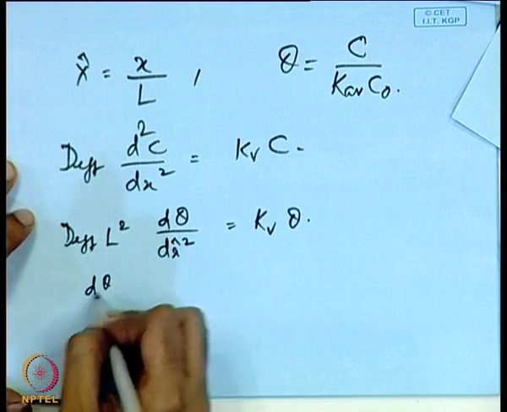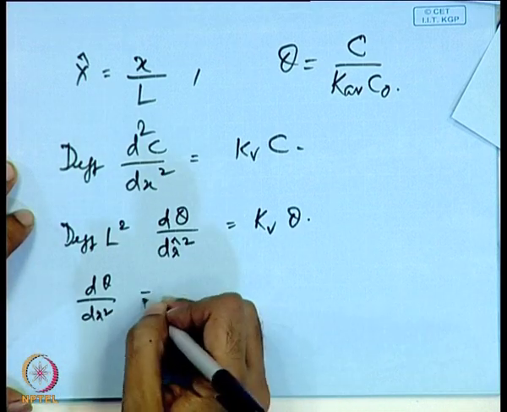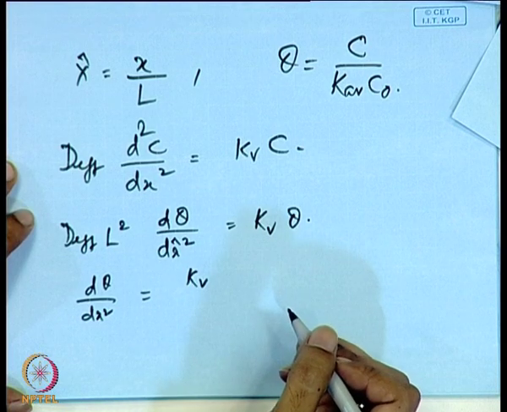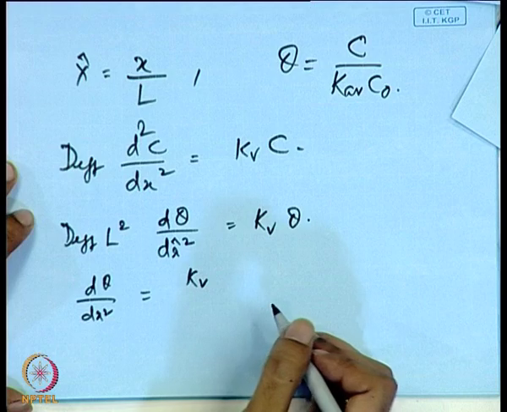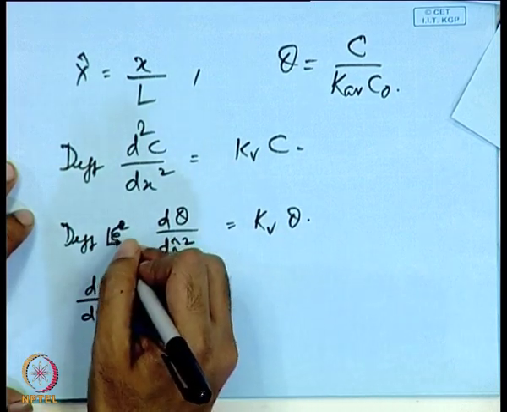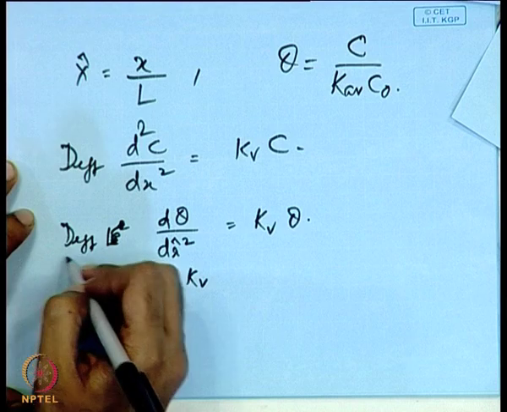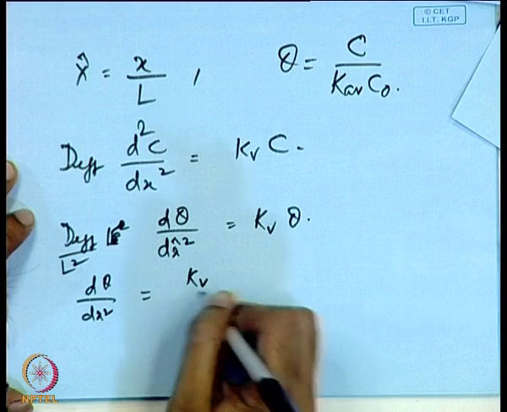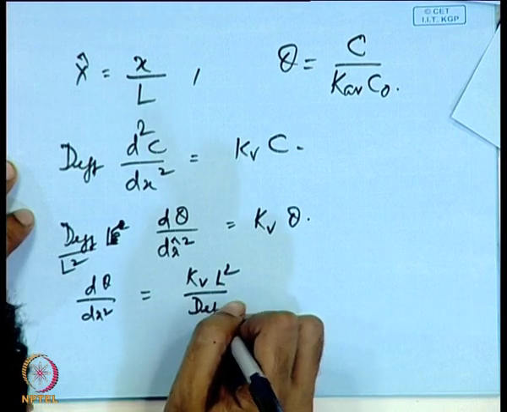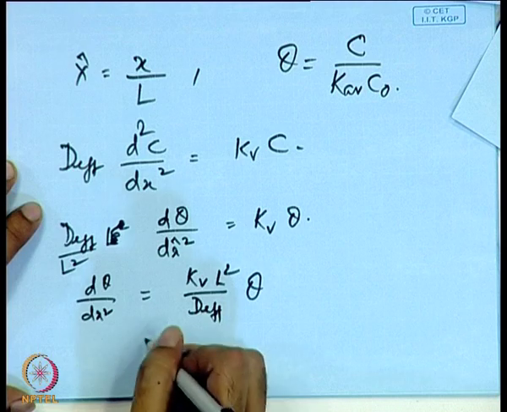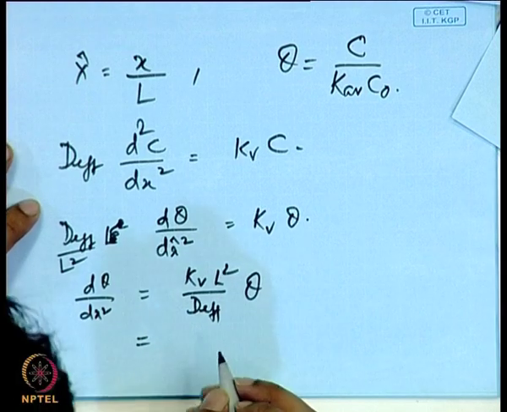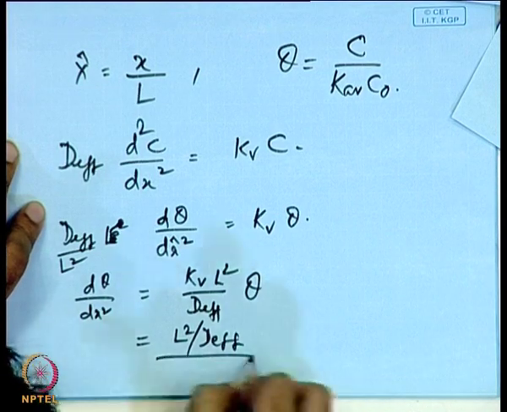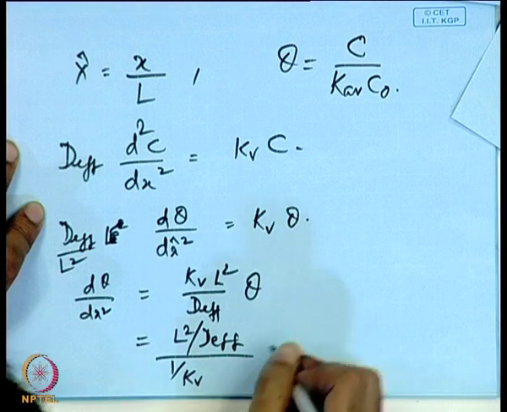The kV should be in the denominator. So, kV L square over D effective times theta. Now, this could be written as L square over D effective divided by 1 over kV, times theta.